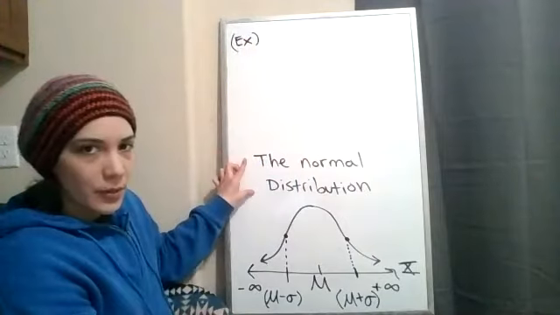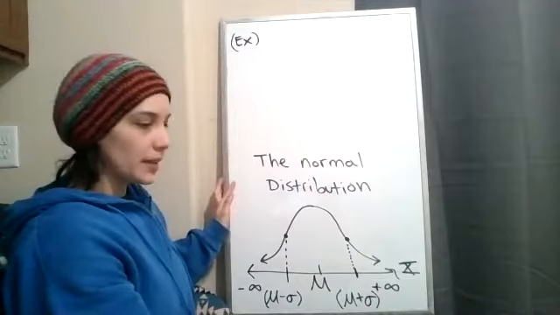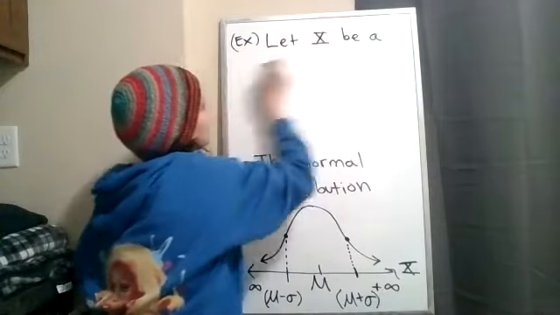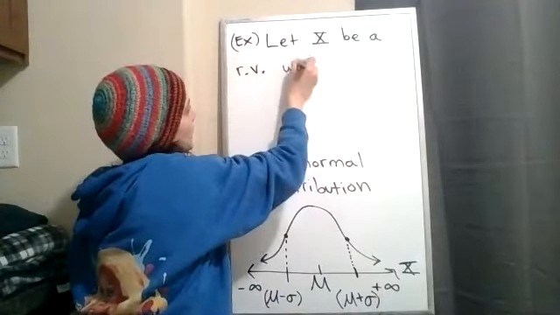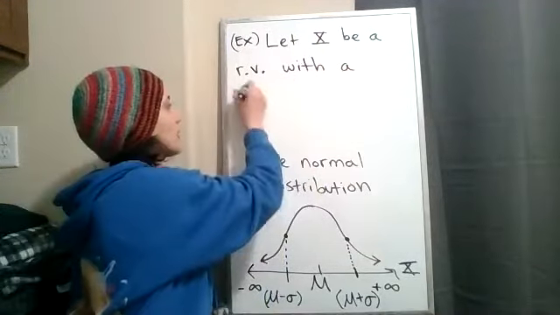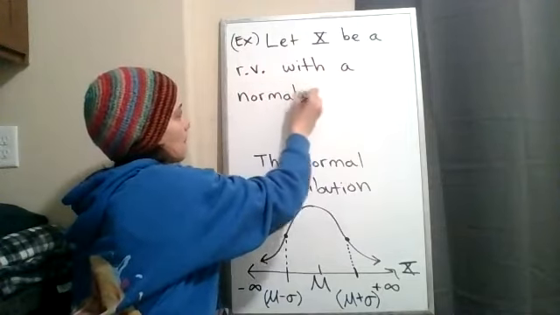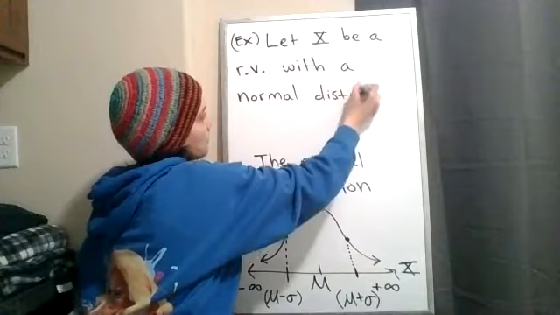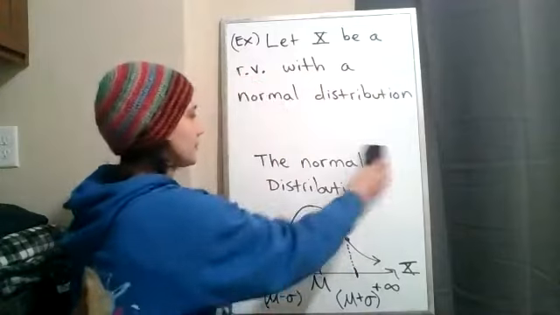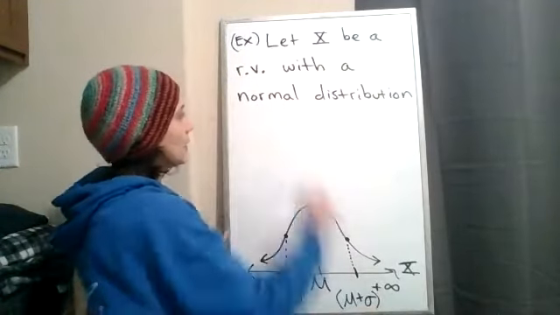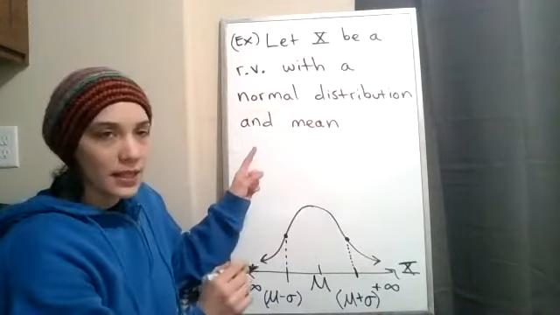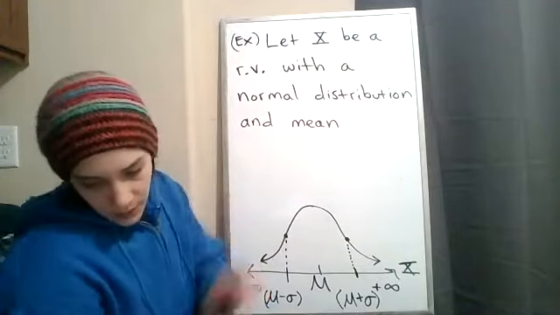Okay, but we're going to introduce the variable. So x will be a random variable. Normal distribution. Okay, and the mean is mu equal to 10.